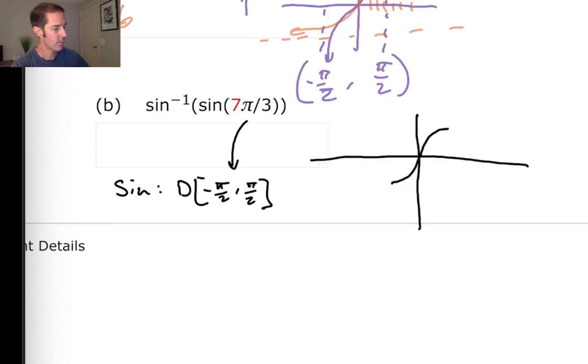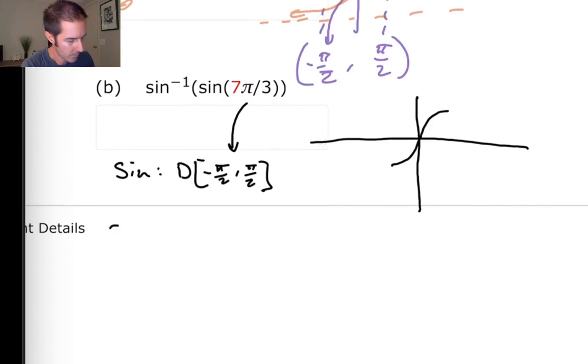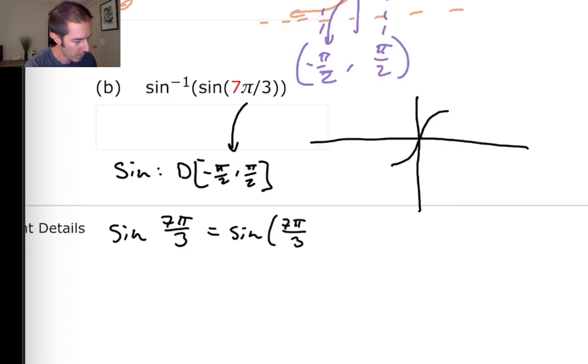What we should definitely consider exploring is the possibility that, since the period of the sine function is 2 pi, the sine of 7 pi over 3 is therefore equivalent to the sine of 7 pi over 3 minus 2 pi, which is equal to the sine of pi over 3.